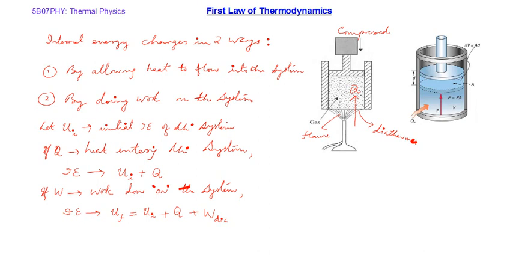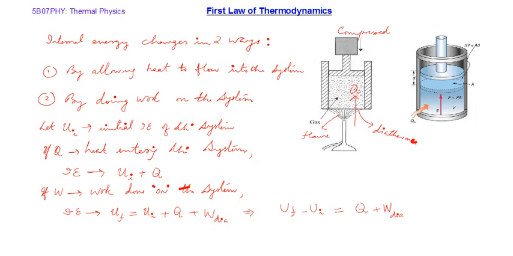Now you can rewrite this equation as Uf minus Ui, which is nothing but the change in internal energy of the system. That is equal to simply Q plus W. And let me specify this W is diathermic work. Q plus W.